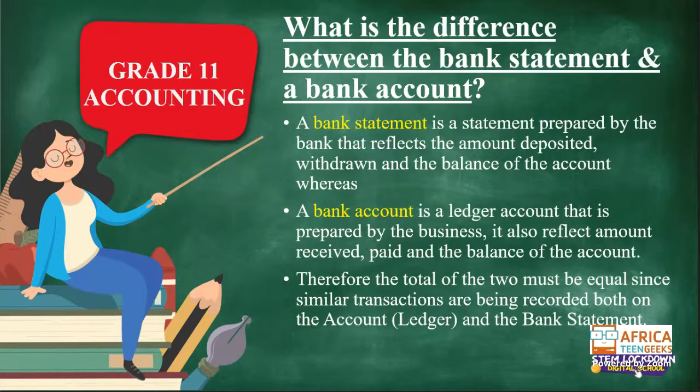So most of the time they do ask questions like, why does the bank account balance need to be similar to that of the bank statement? It is because similar transactions are being recorded on both the bank account and the bank statement, right?